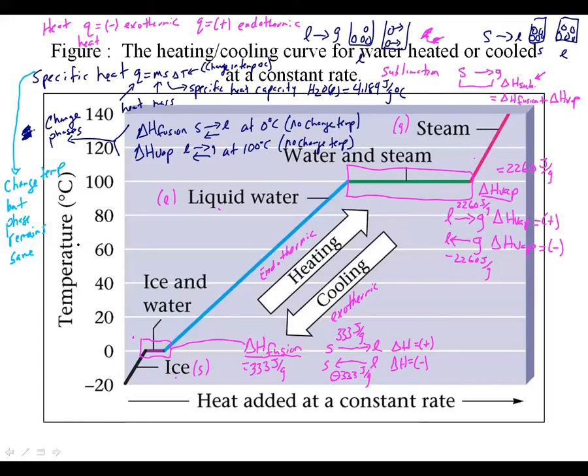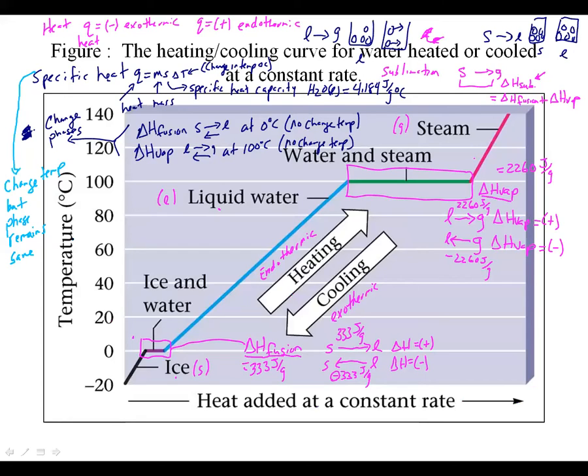So if we wanted to figure out how much heat was associated with changing liquid water from 5 degrees to 70 degrees Celsius, we would want to use specific heat, the Q equals ms delta T. If we want to figure out how much energy is needed to take liquid water at 100 degrees to steam at 100 degrees, we would want to use the delta H of vaporization. Any questions on that there?